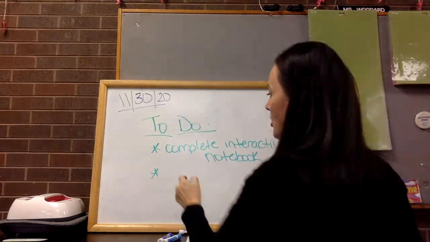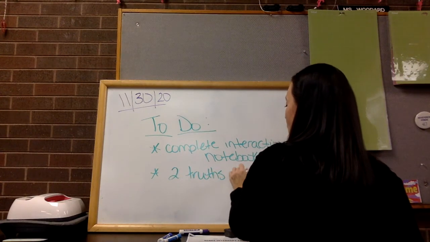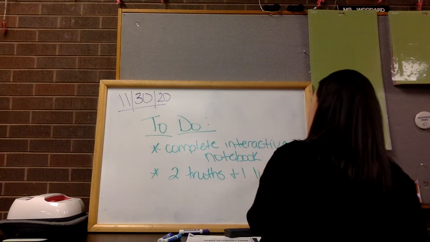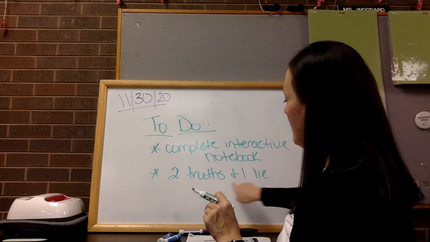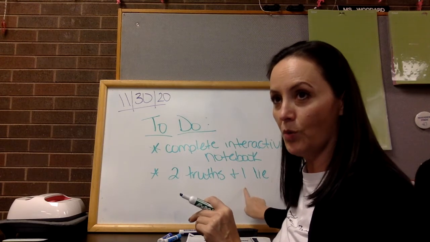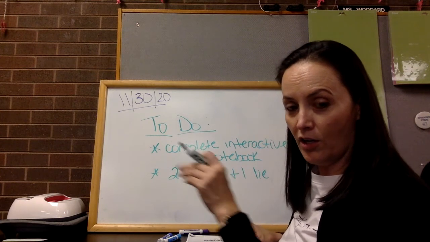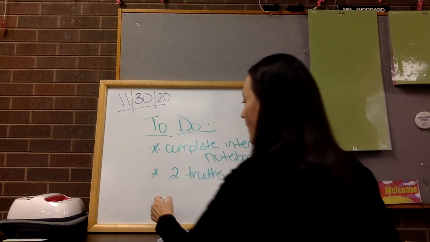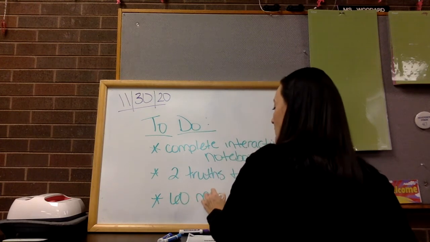Once you guys are finished, you have your 2 truths and 1 lie. It's going to look like you got 2 equations that look right and 1 equation that's wrong. You're going to tell me which one is graphed wrong, and whichever one is graphed wrong, you're going to bring over your colored box, and you're going to tell me which one's off.